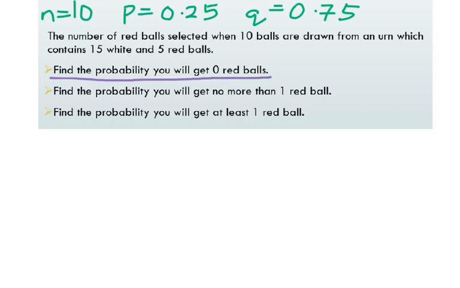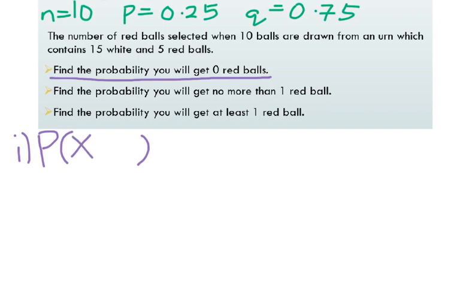When we want to calculate a probability, we always represent probability with capital P. So what probability do we want to find? We want to find the probability of getting the number of red balls, which is our variable. So our variable is the number of red balls, and you will get 0 red balls.